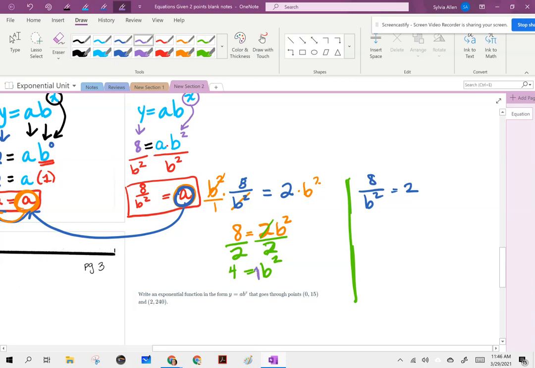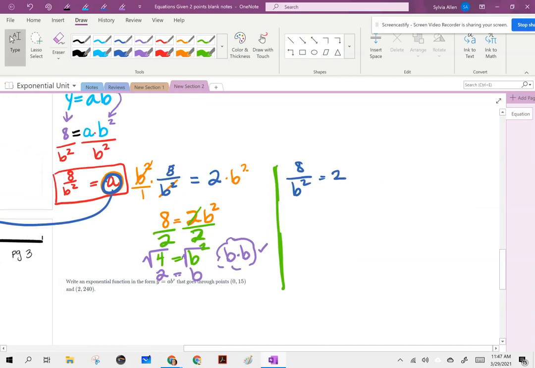So we would have to take the square root. We're trying to get b by itself. So we're taking the square root of 4 and we end up getting 2. And think about what that means. It says b squared is something times itself gives me 4. So 2 times 2 gives me 4, so I'm good.